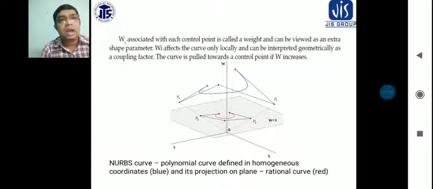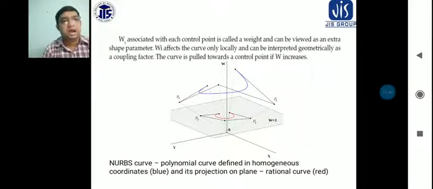Wi affects the curve only locally and can be interpreted geometrically as a coupling factor. The curve is pulled towards the control point if wi increases.